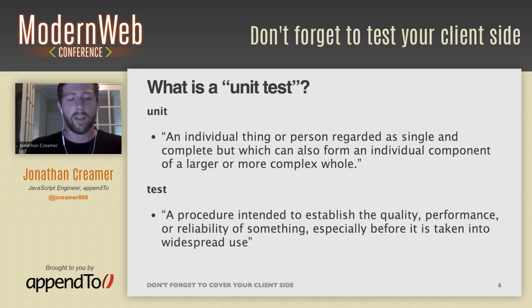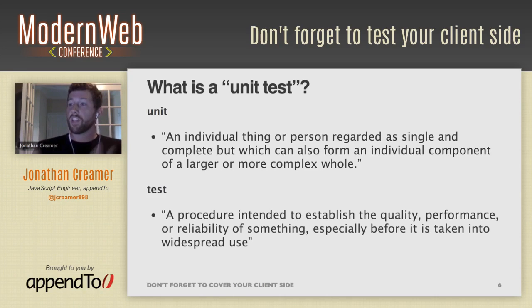So you get this idea that it's something that can live outside of itself. And it forms an individual component of a larger, more complex whole, right? So you get this idea that units of code are small, reusable pieces of code that you can pull away and they make sense, but they also are part of this larger whole.